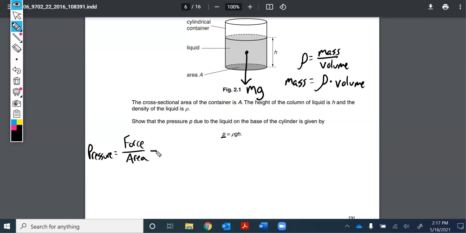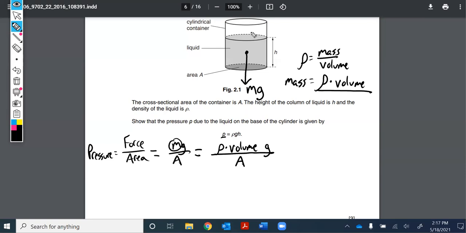And so if we think about making some substitutions, we've got the force, which is the weight of all of this liquid, equal to mg, still over the area A for pressure. But this mass is really the density times the volume. So let's change that to density times the volume. That's what mass is. So we still have a g out here, still divided by this area A.